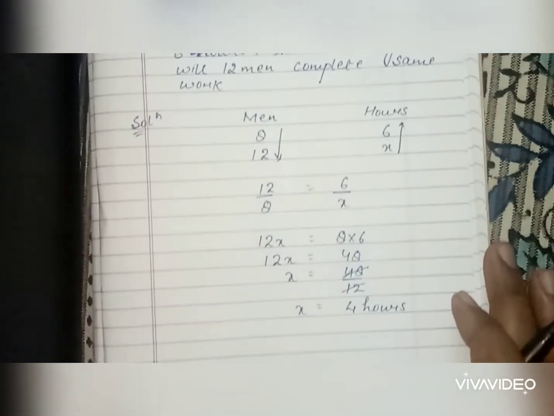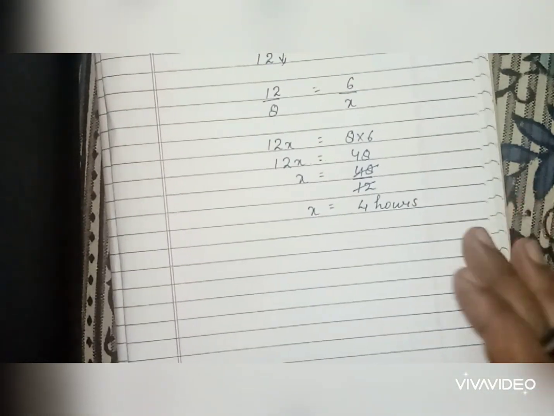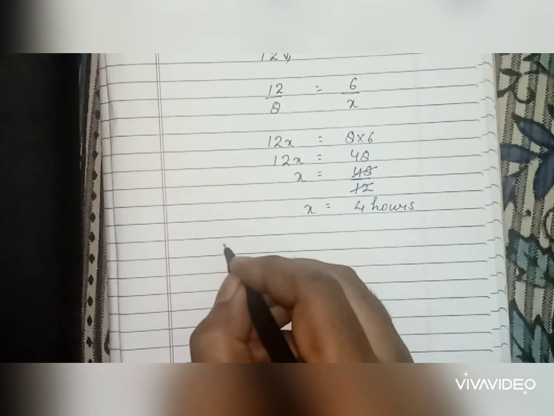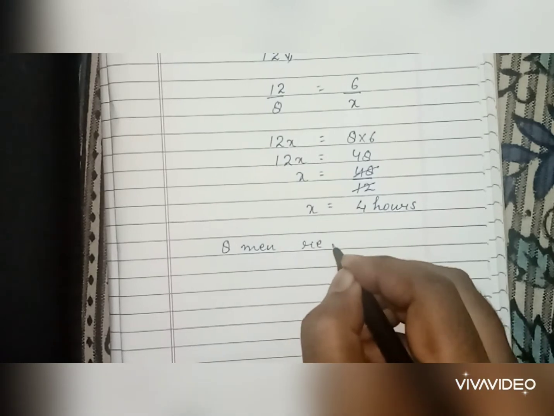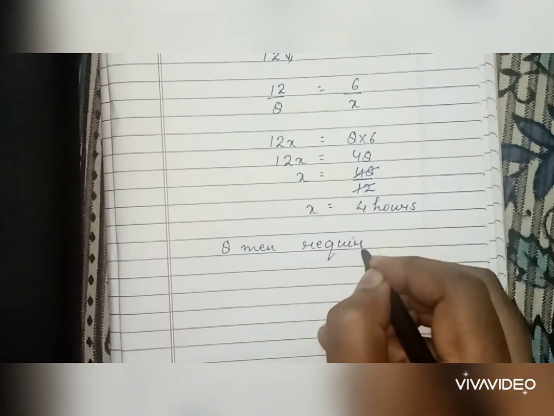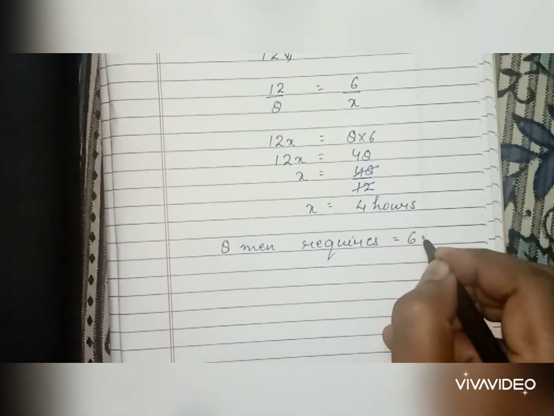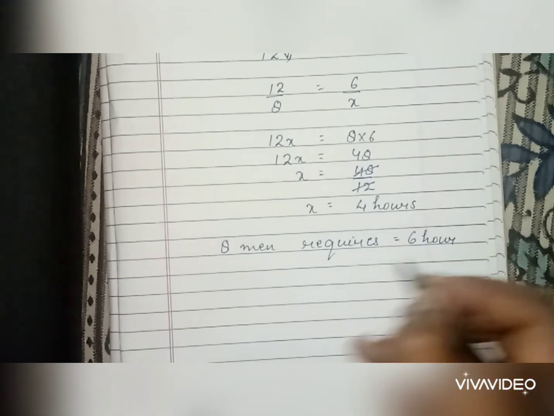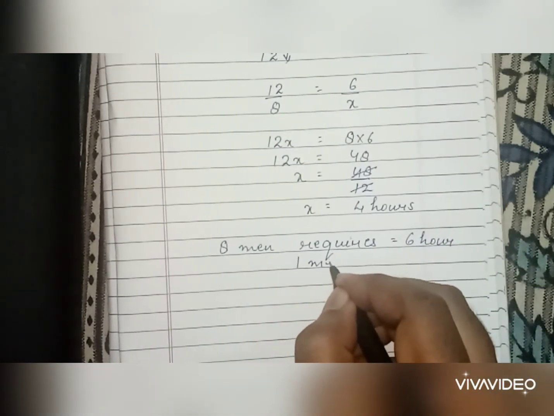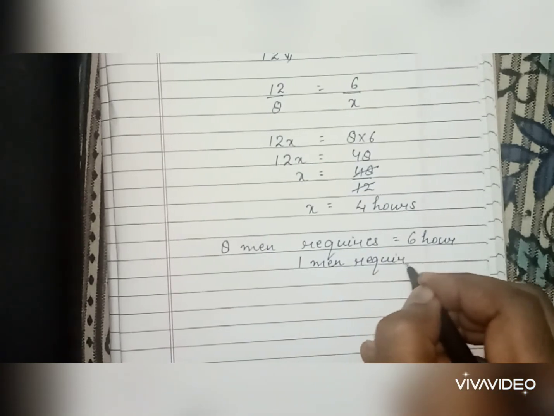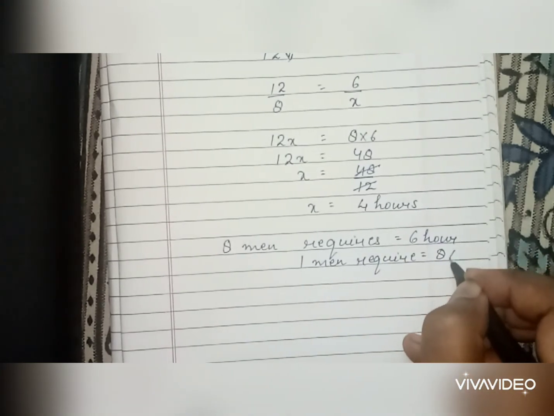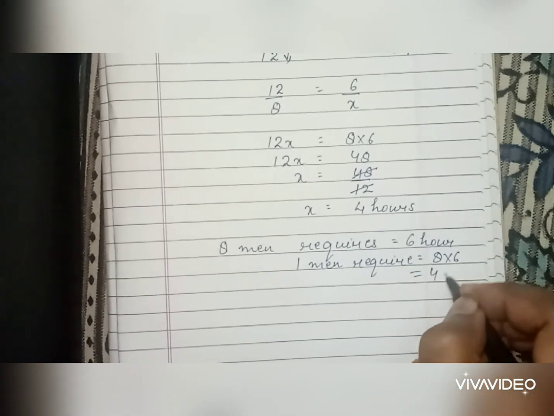Clear? You can see it with the unitary method also. 8 men require 6 hours. So 1 man will obviously require more hours, that will be 8 into 6, that is 48 hours.